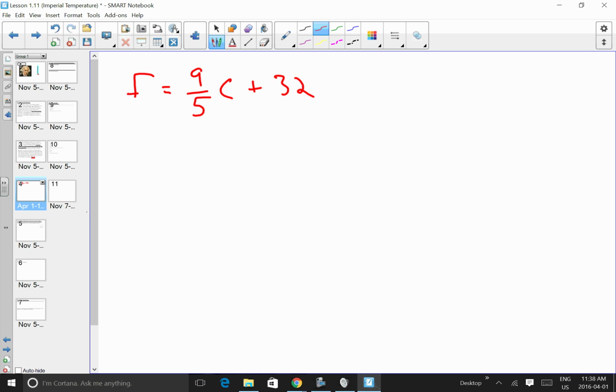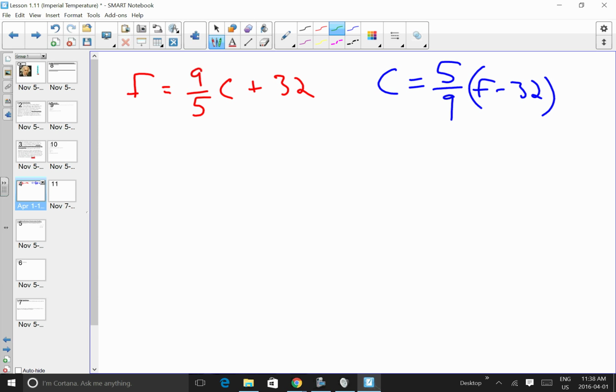And the second is C equals 5 over 9 (F minus 32). Now, when using these formulas, you have to be very, very careful.